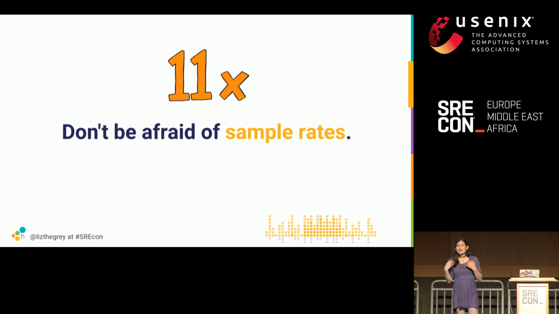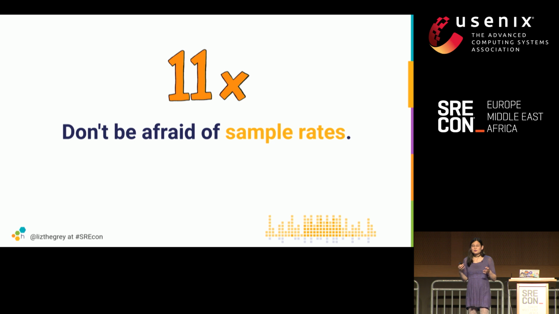Don't be afraid of high sample rates. It is okay to sample 1 for 10,000 or 1 for 100 or 1 for 1,000,000, right? What's really important is that we need to make sure that we have enough values that remain after our sampling in order to be accurate, right?